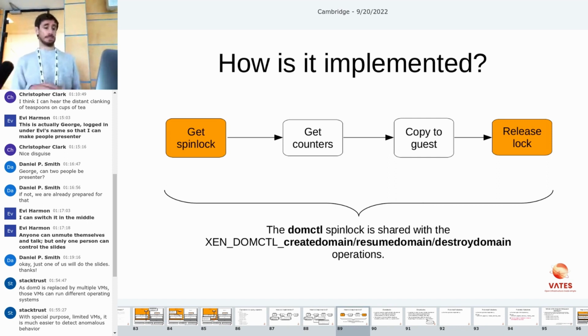In general, during the handling of the hypercall, we hold the domctl spinlock for the whole hypercall, and this is the spinlock that is also shared with other operations, like create domain, resume domain or destroy domain.